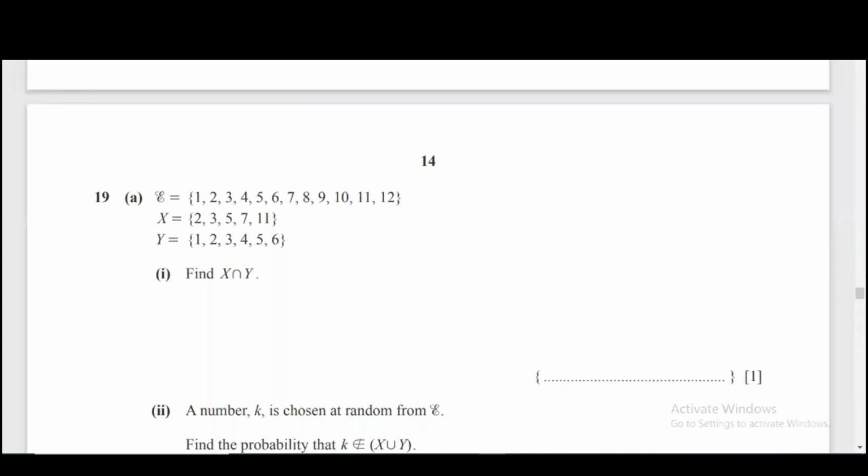In this video, I'm going to give techniques on how to attempt O-level past paper questions from October November 2021, of all the variants, from the topic sets.